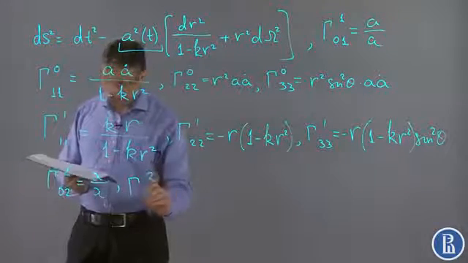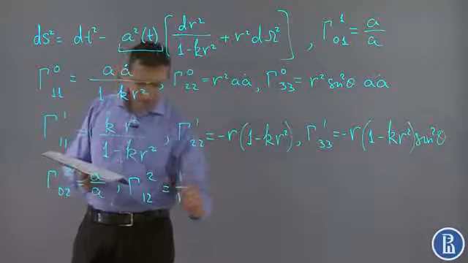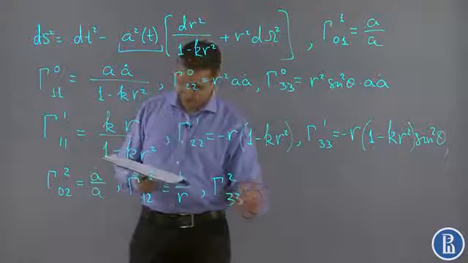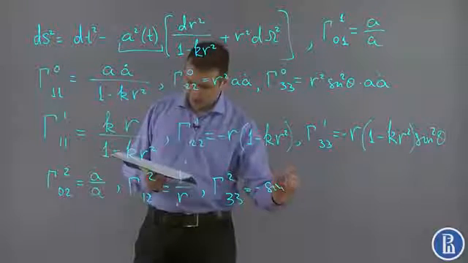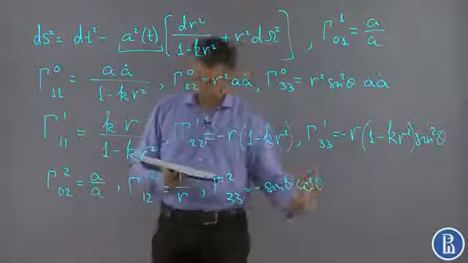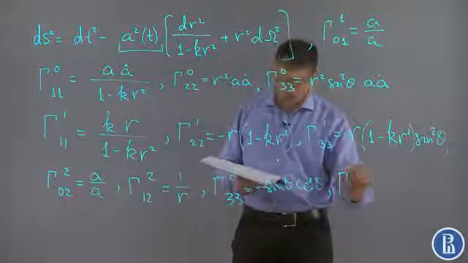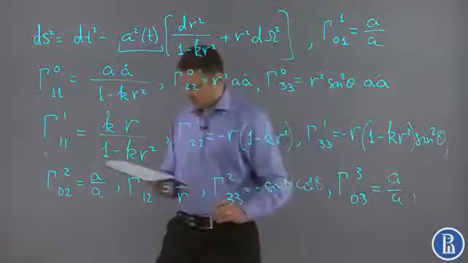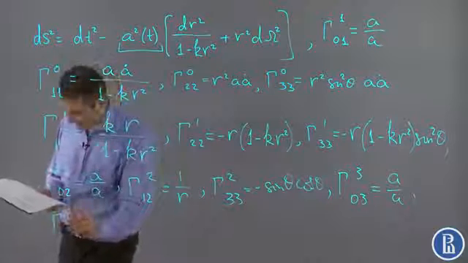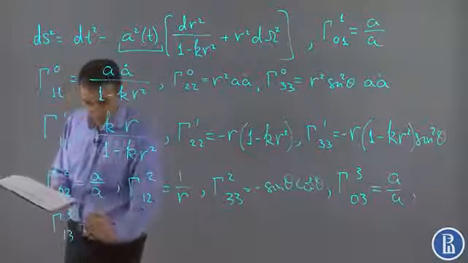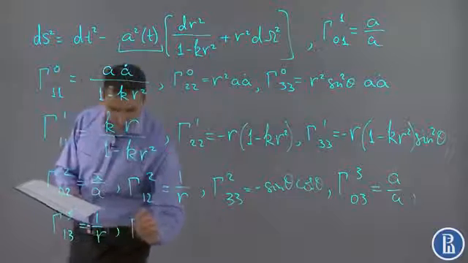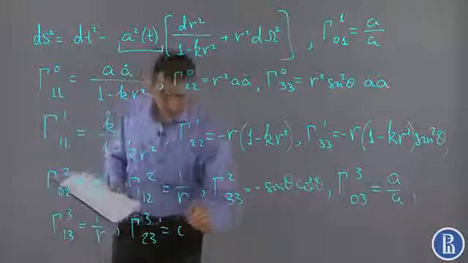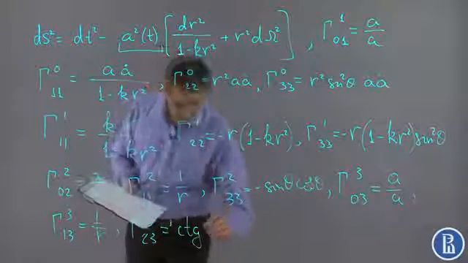Gamma 2 1 2 is 1 over r, and gamma 2 3 3 is equal to minus sine theta times cosine theta, and gamma 3 0 3 is a dot over a, and gamma 3 1 3 is 1 over r, and gamma 3 2 3 is equal to cotangent of theta.